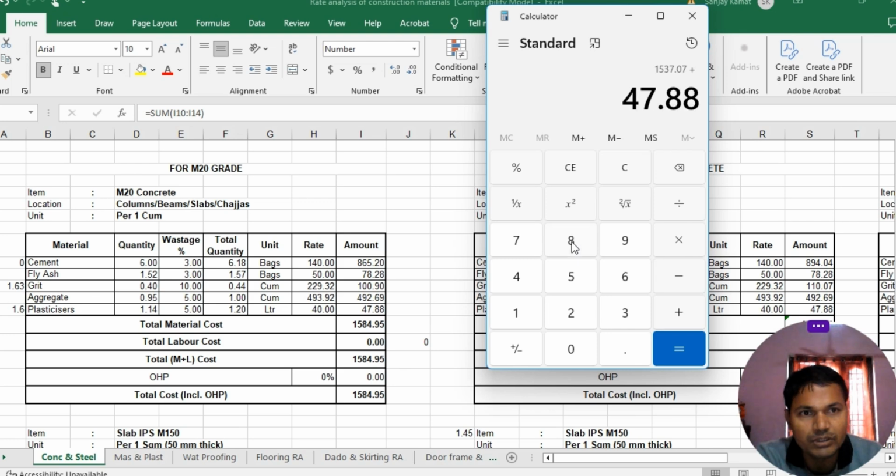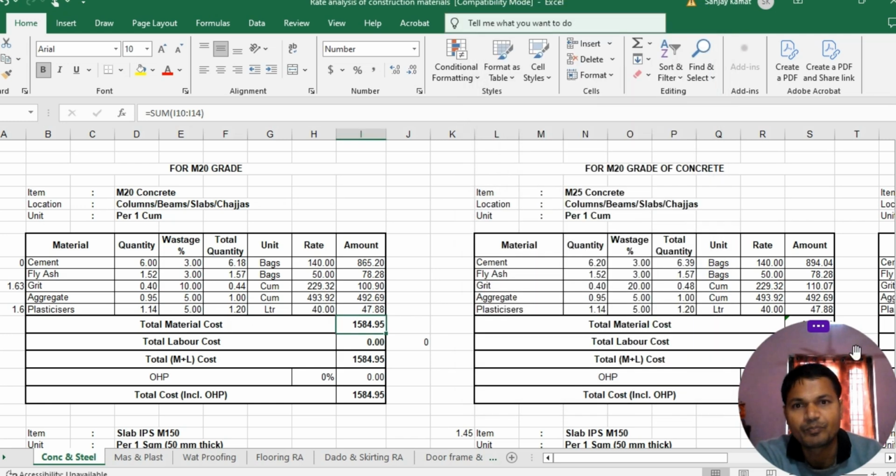After doing the calculation, see, it is coming to 1584.95. So this way you can do the rate analysis of the material.